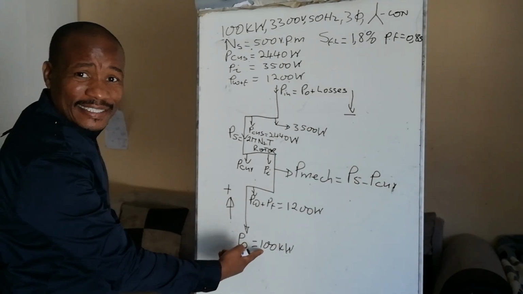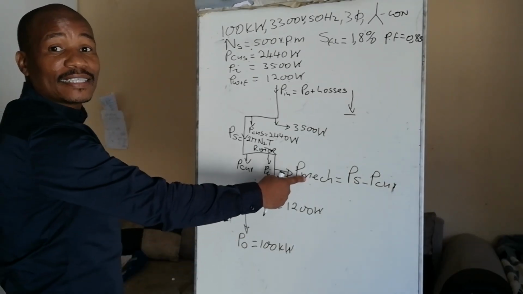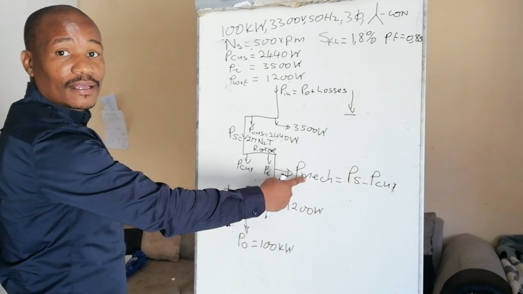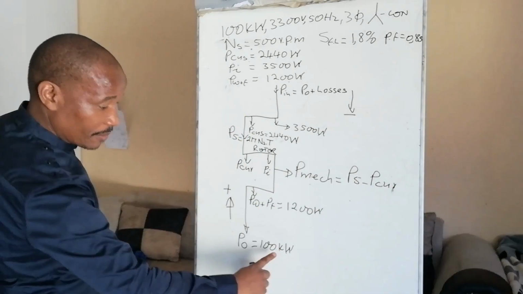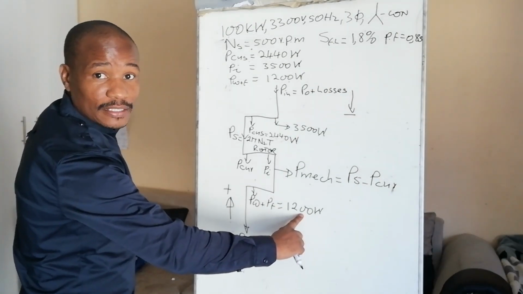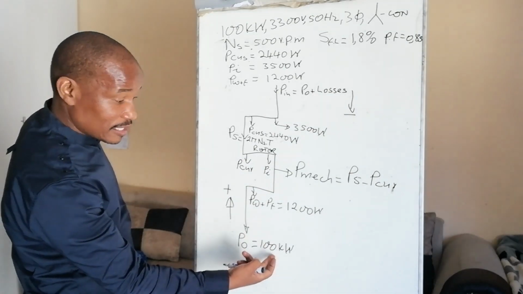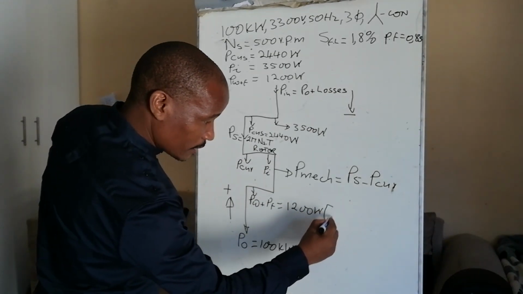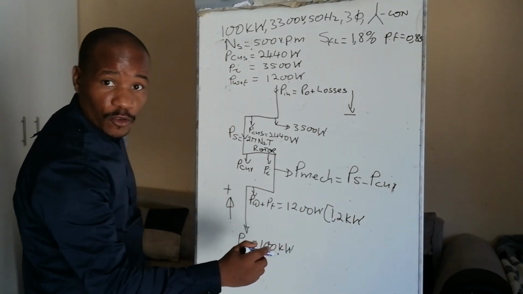If you add the output power to these windage losses, you must get that. And you have to see to it that the units are the same. It's kilowatts, it's 1200 watts. So you can convert either this or that. Let's convert this one, which is 1.2 kilowatts. How do I know?